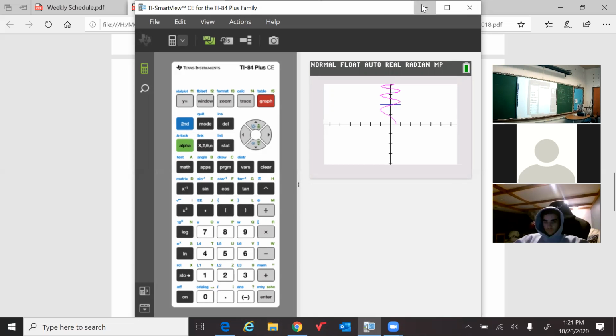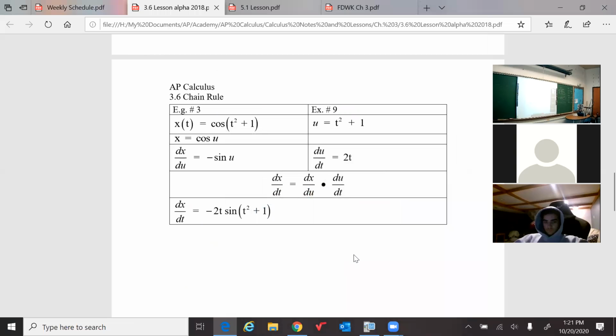So that's what we're asked about. And the question says, in example 3, find the velocity. What was the velocity of this thing? It's a composite function. It's the cosine of this. What's inside the parentheses for you?